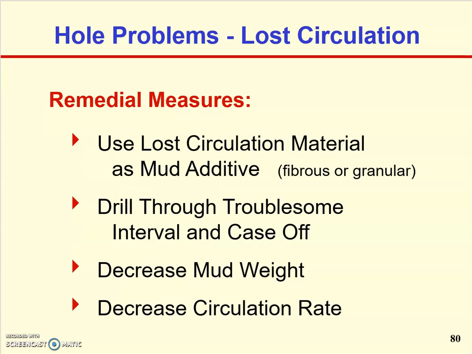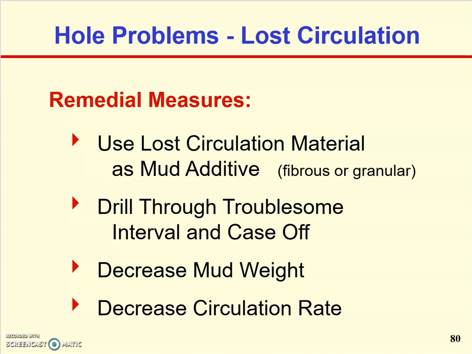Another, remedial measures, if you encounter such a problem, is to add some mud additives to increase or improve the properties of your drilling fluid, and avoid drilling through the troublesome formations.